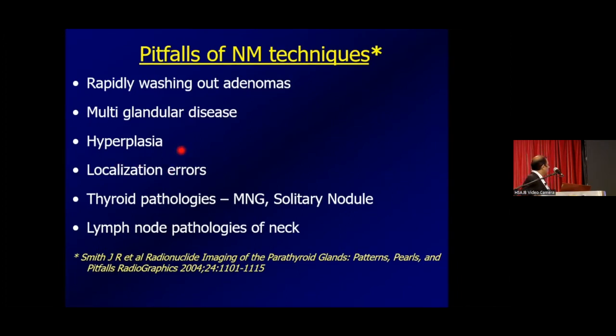You can have localization errors, especially in planar imaging, and you can actually have false positive studies if you have solitary nodules, multinodular goiter in the thyroid, or lymph node pathologies. Non-specific lymph node positivity by sestamibi also can contribute towards the false positivities.